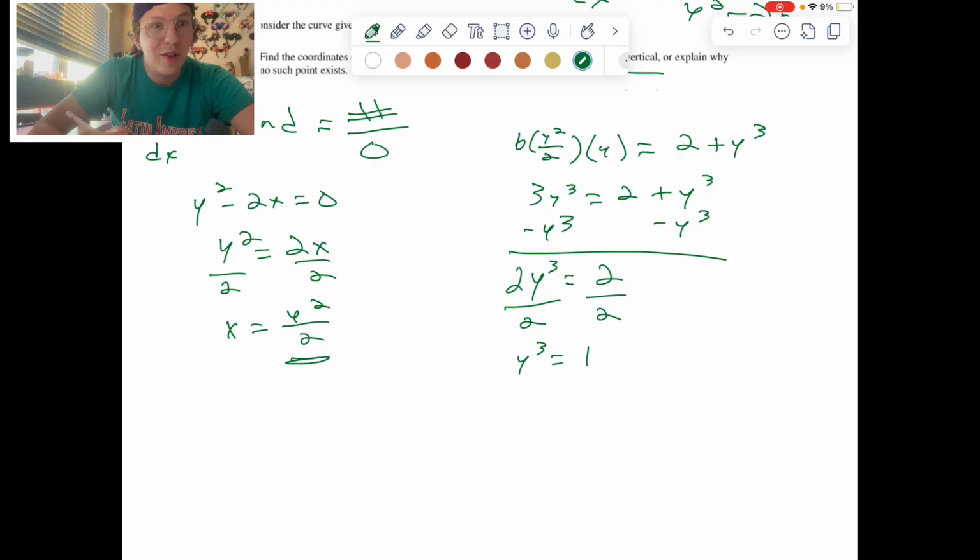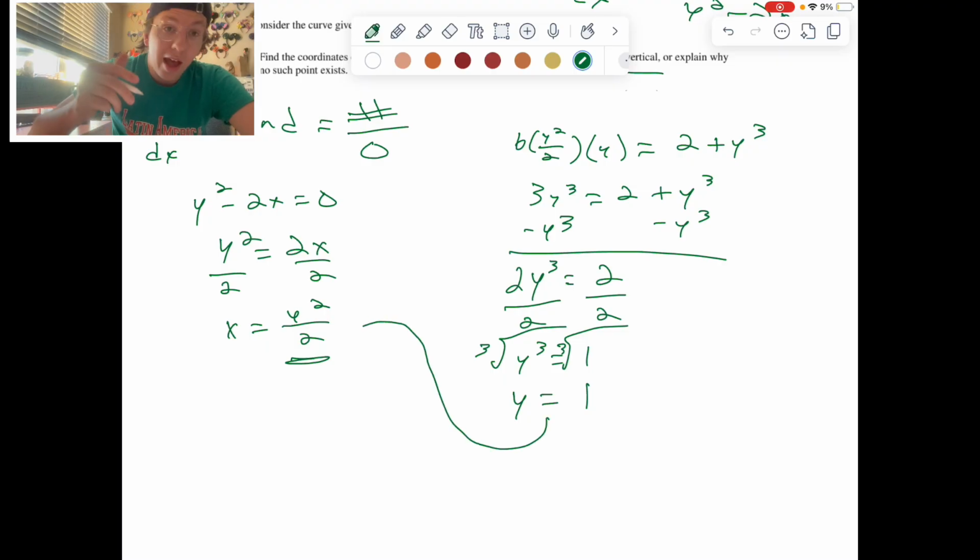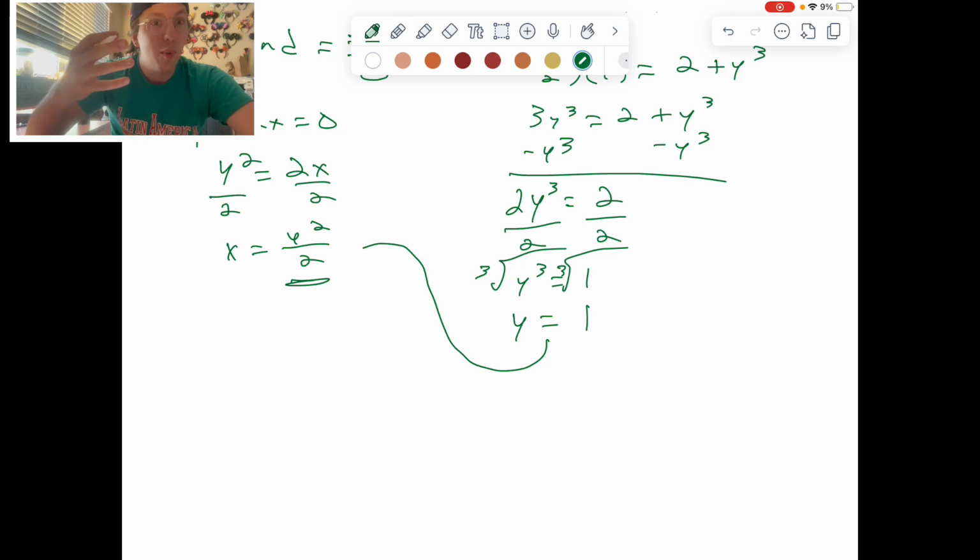Almost there. We're trying to solve for a coordinate, so we need y. We're going to cube root both sides. Cube root of 1 is just 1, so we get y is equal to 1. All right, we're not done yet. We have to figure out the coordinates, so we need to figure out the x coordinate. I'm now going to use our relationship that we established earlier, that x is equal to y squared over 2, to figure out my coordinate. I know what y is in this case. y is 1.